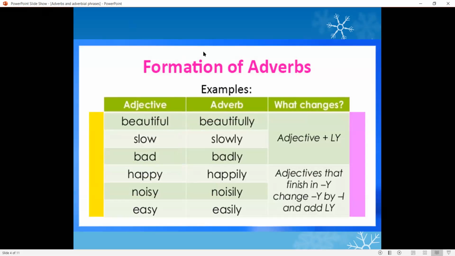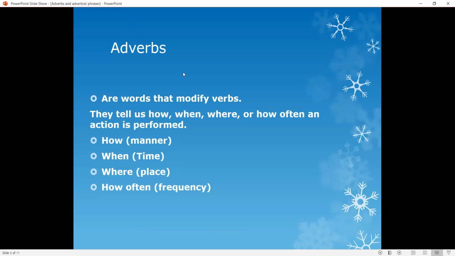Before we move on to the formation, let's write some examples of adverbs of manner. What are adverbs of manner? They tell us how an action was performed.